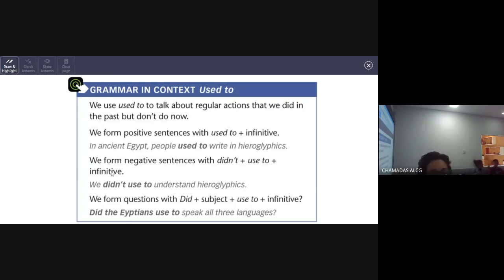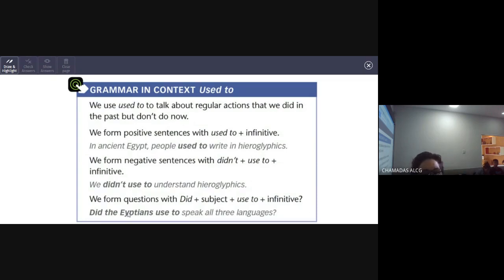Yeah, or a fly. We form negative sentences with didn't plus used to plus infinitive. Example, we didn't use to understand hieroglyphs, okay? Now, we form questions with auxiliary did plus subject plus used to and infinitive.